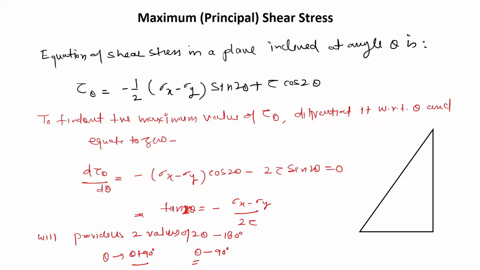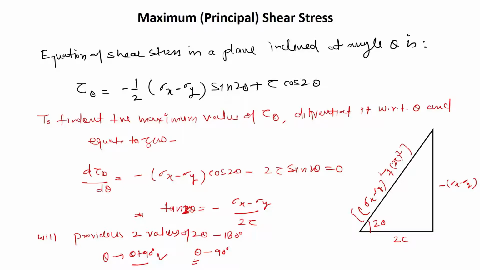Now, the equation tan 2 theta is equal to minus (sigma x minus sigma y) over 2 tau can also be represented by this triangle. In this triangle, if this angle is 2 theta, then according to this equation the base would be 2 tau, the perpendicular would be minus (sigma x minus sigma y), and the hypotenuse would be the square root of (sigma x minus sigma y) whole square plus (2 tau) whole square.